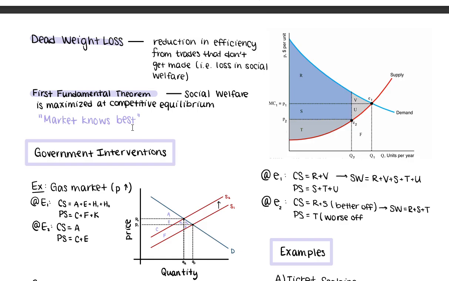Okay, so the things may not go as we thought. Sometimes there are negative parts, which is deadweight loss. Deadweight loss is the reduction in efficiency from trades that don't happen.